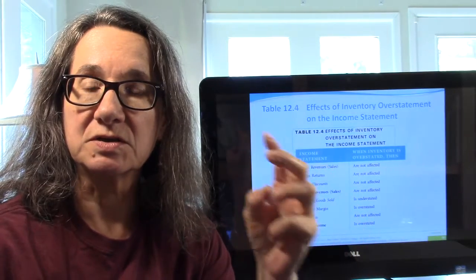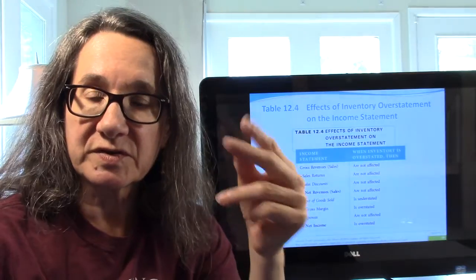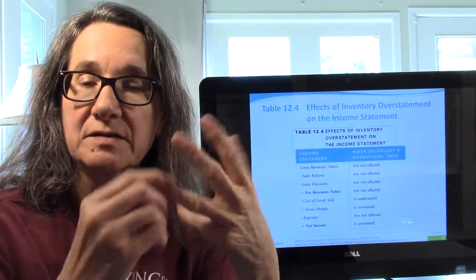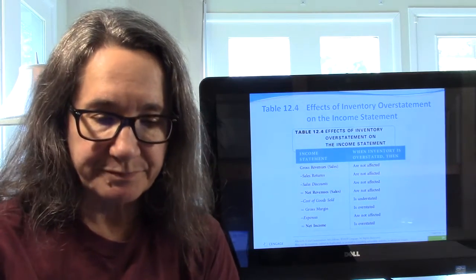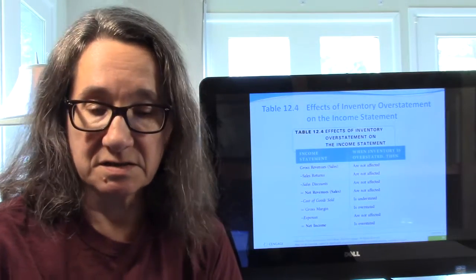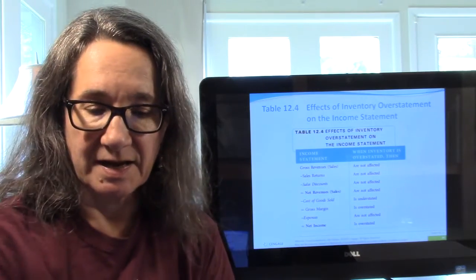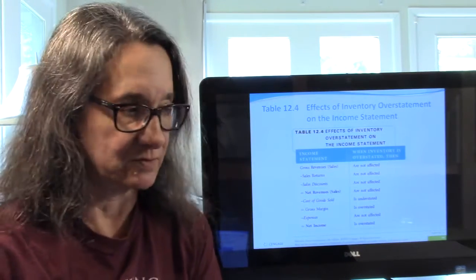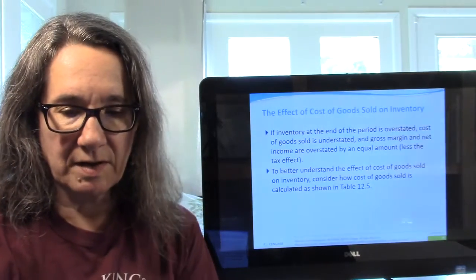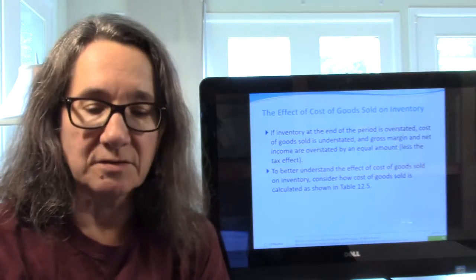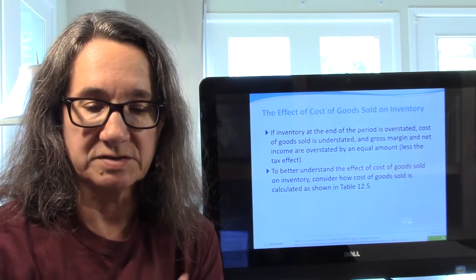So if revenues are the same and cost of goods sold is too small, then gross margin, or gross profit, is going to be overstated, right? Then you take out your other expenses that you haven't messed with, and that's going to leave your net income overstated. So really nice: if ending inventory is overstated, cost of goods sold is understated and gross margin is overstated.